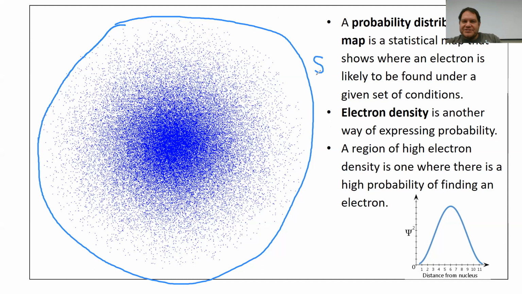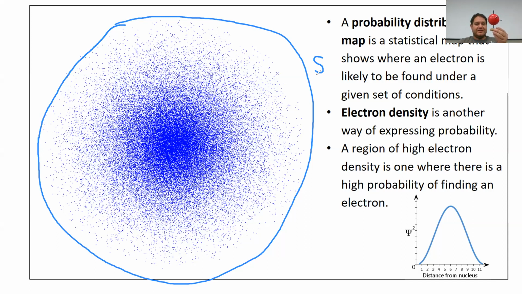Let me show you what an s orbital would look like. It's kind of like this, spherical. These points here are the x and y axes. So it's three-dimensional, and this is what you're seeing on your screen right now, this probability distribution of the electron in an s orbital.